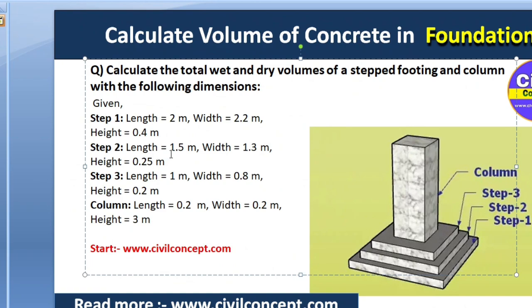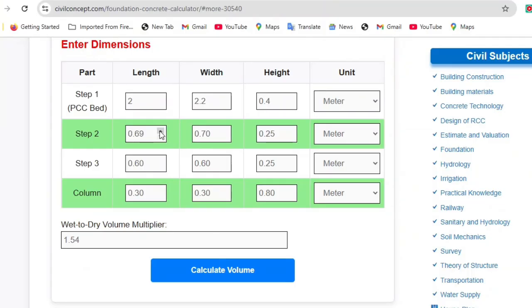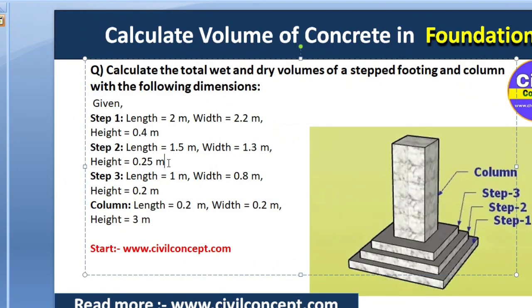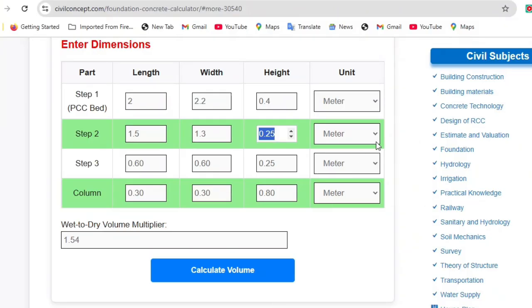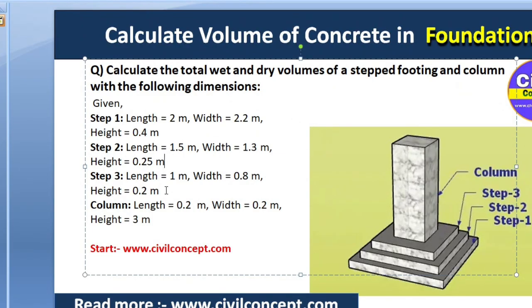Now you have to enter the values for step 2. Step 2 length, width and height are 1.5, 1.3 and 0.25. So put here 1.5, 1.3 and 0.25. Let me check here, 0.25 meter. Its unit is also in meter. For step 3 you have 1, 0.8 and 0.2.